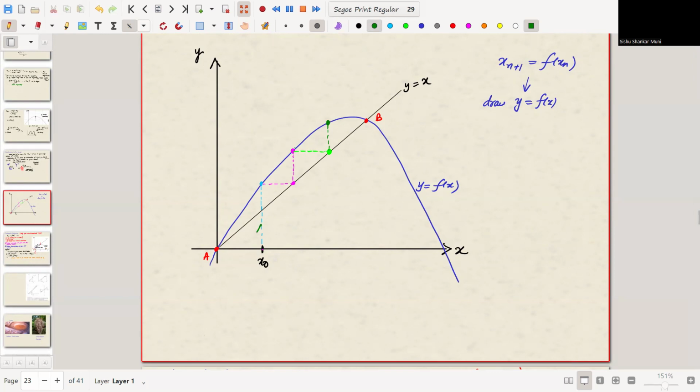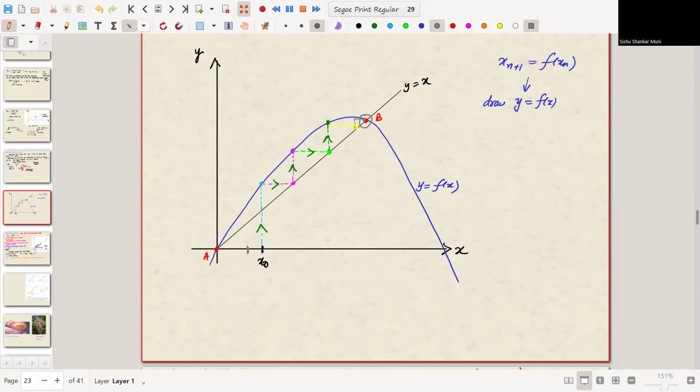Can you see your trajectory? Let me draw a few more to convince you. It converges and hits the fixed point here. Anywhere you start, you repeat, and it will reach the fixed point B.